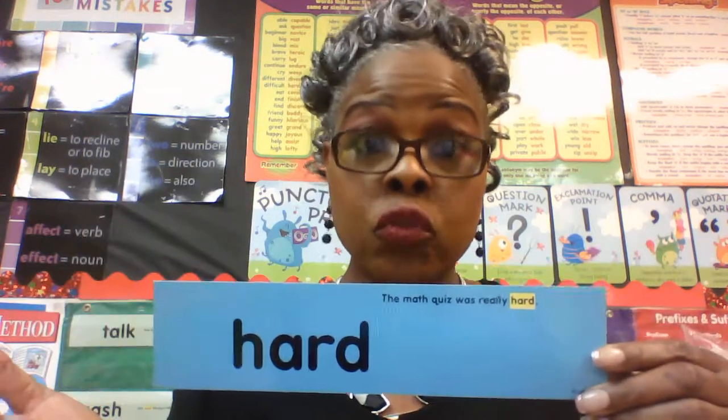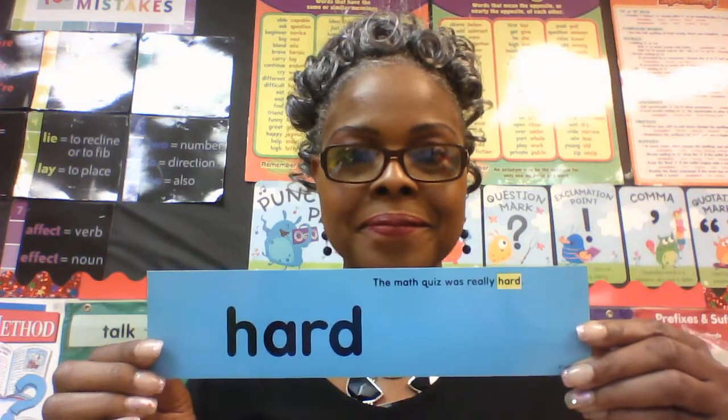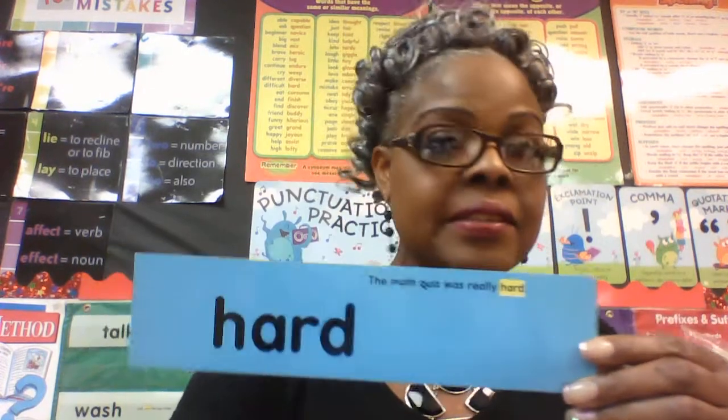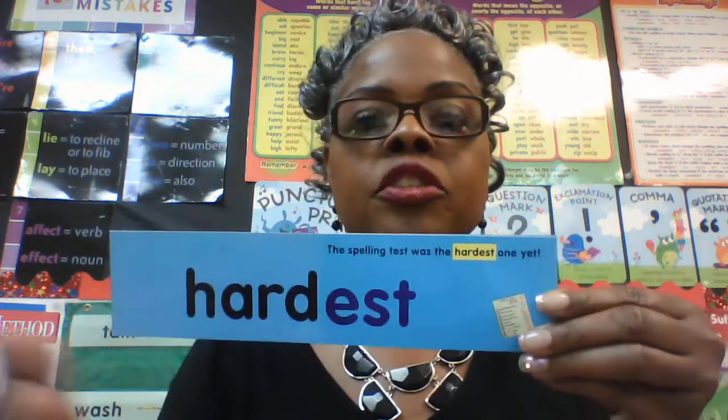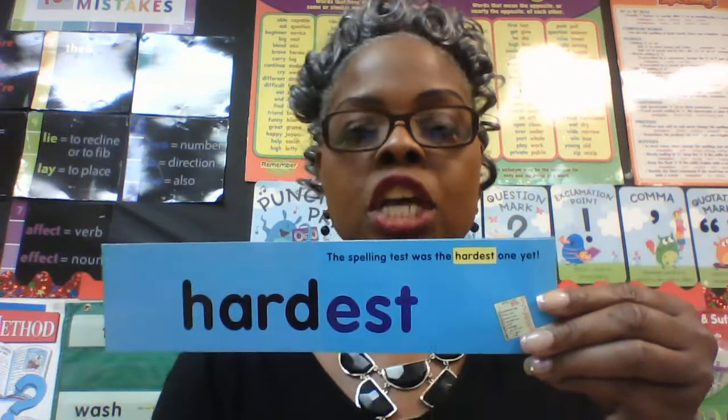The math quiz was really hard. So let's add suffix est. Remember, we are comparing one thing to several other things, or one object noun to several other object nouns.